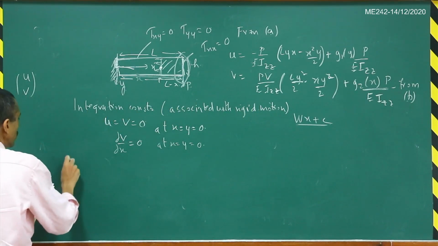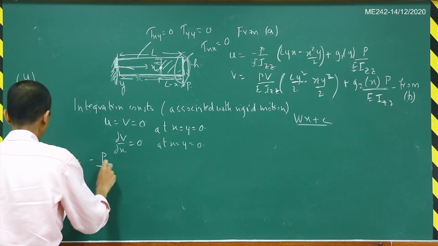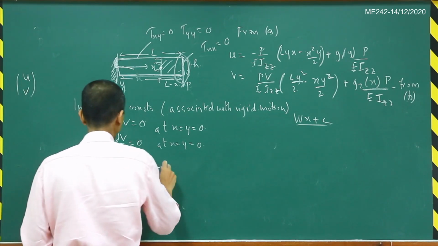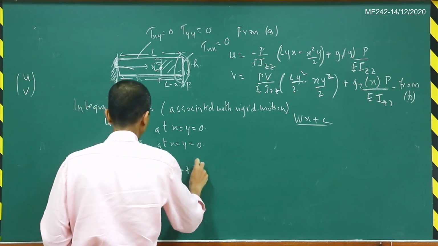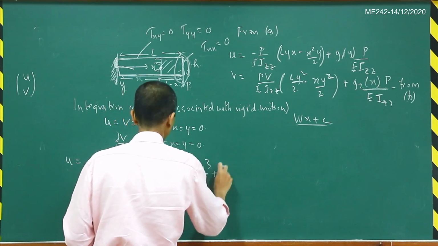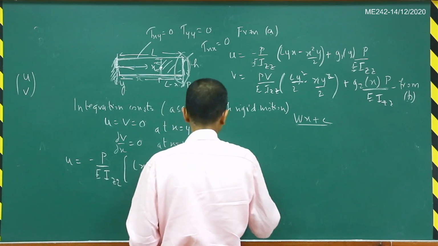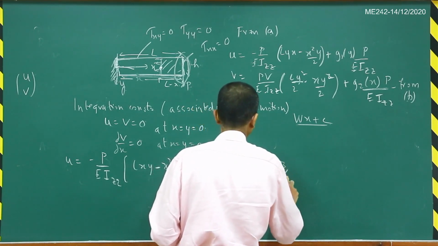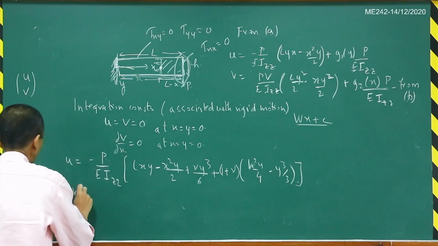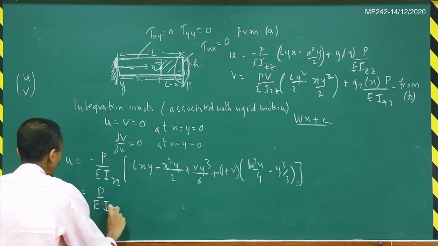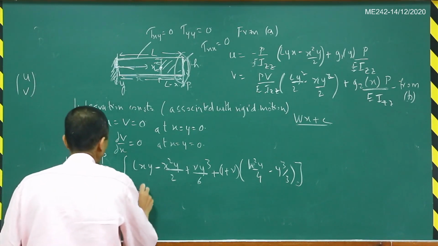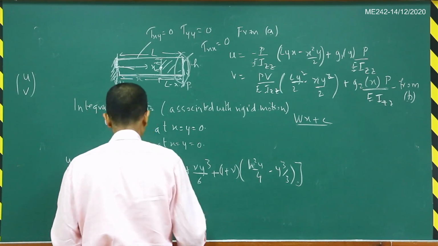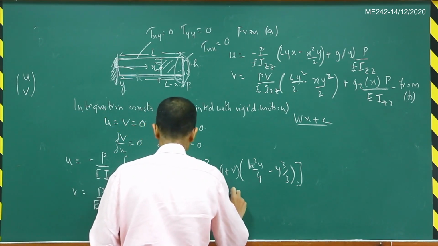So U is equal to minus P divided by E I Z Z times L x y minus x square y divided by 2 plus mu y cube divided by 6 plus 1 plus mu times x square y by 4 minus y cube by 3, and V is equal to P divided by E I Z Z times mu times L y square divided by 2 minus x y square divided by 2 plus L x square divided by 2 minus x cube divided by 6.